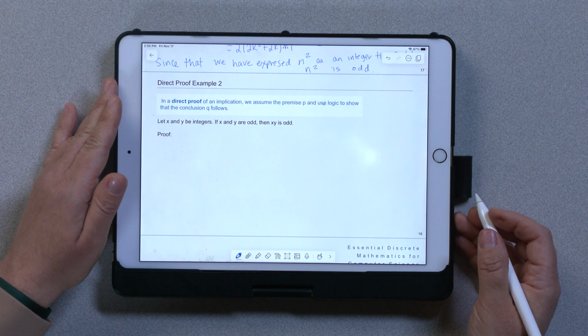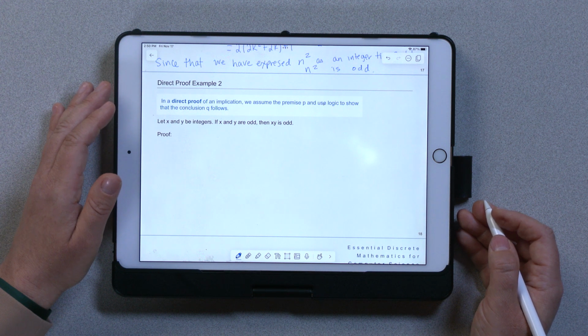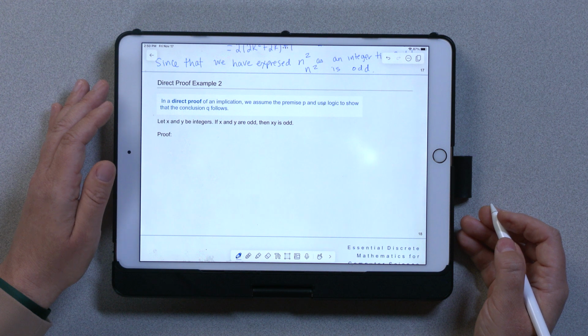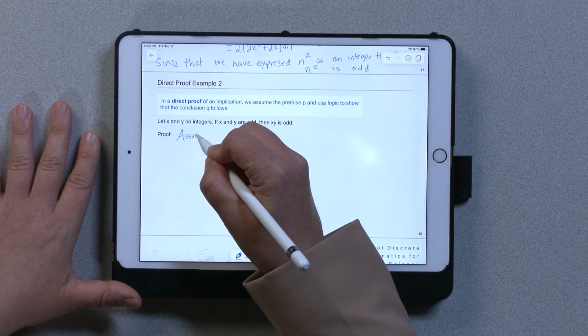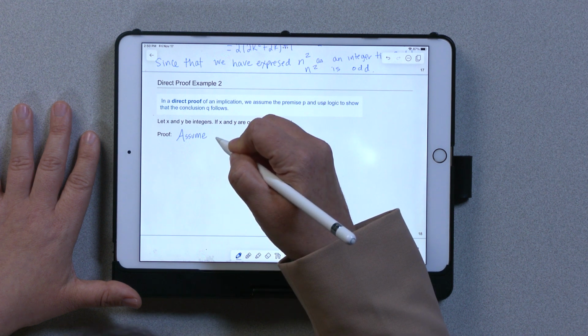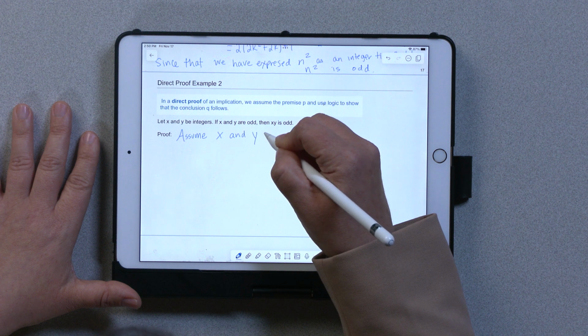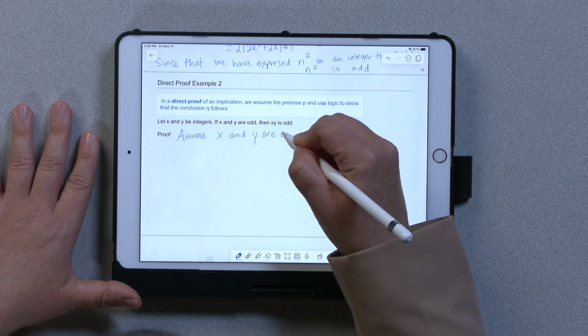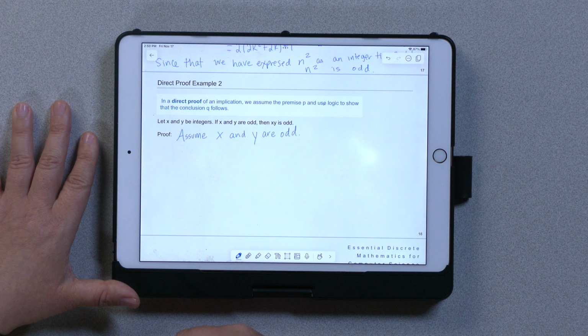In this claim, we have x and y as integers, and if x and y are odd, then x times y is odd. So we start off by assuming the premise. So we assume x and y are odd. Our goal is then to show that their product, x times y, is also odd.